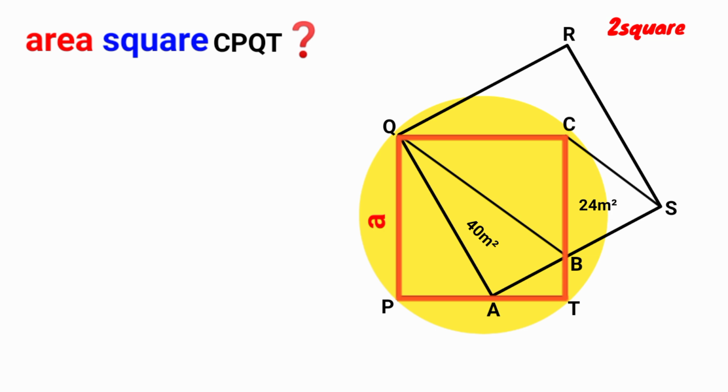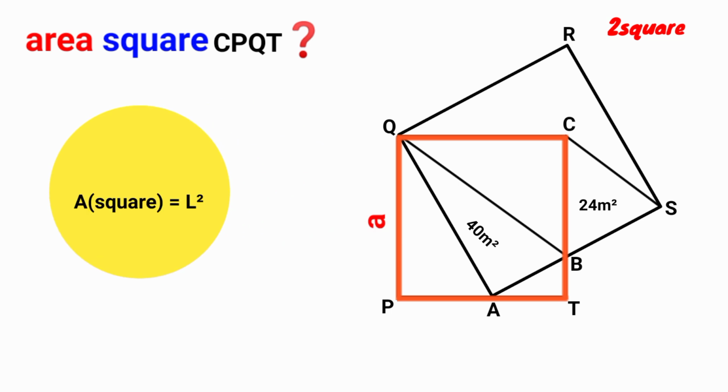Well, we know the area of a square is equal to the square of the length of one of its sides. And here, the length of this side of the square in question is A. Therefore, area of the square CPQT equal to A squared.